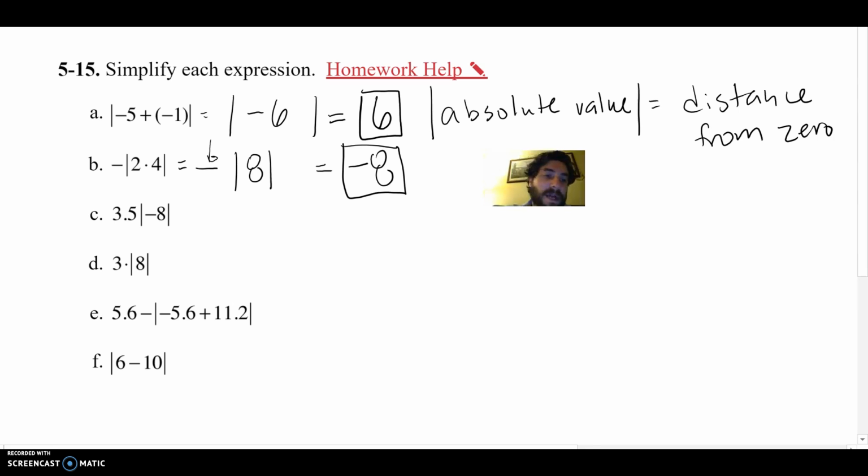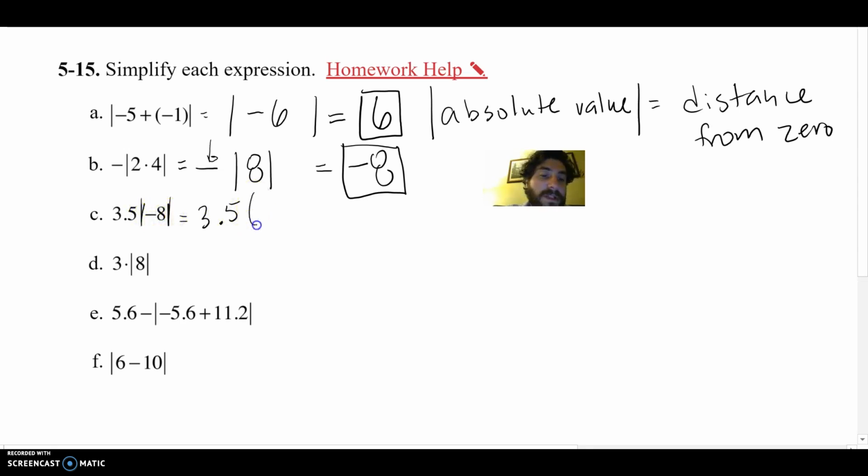Here's kind of weird because we're asking for 3.5 of these distances. This is multiplication here. If you don't see a symbol up here, if there's no addition, no subtraction, it's just kind of up against this absolute value symbol. This is telling you that you want 3.5 of these. So I'm looking for 3.5 of these distances here. Well, how far is -8 from 0? 8.